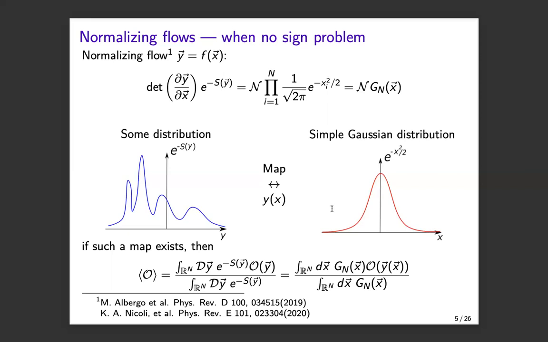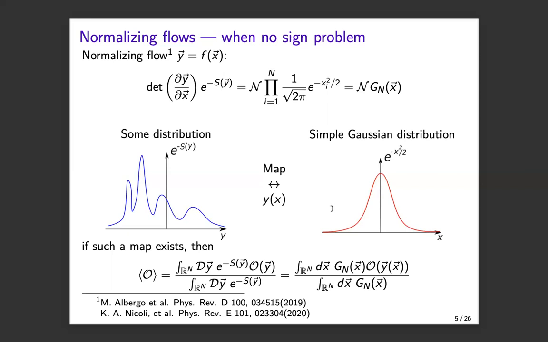If such a map exists, then using this map you can compute expectation values very easily. This is what you wanted to compute: you sample these Y fields from your real positive valued distribution, and for each of those configurations, you evaluate your observable and get the expectation value. But instead, I substitute Y with X using this map, and I get this Gaussian distribution, which you can sample from very easily.